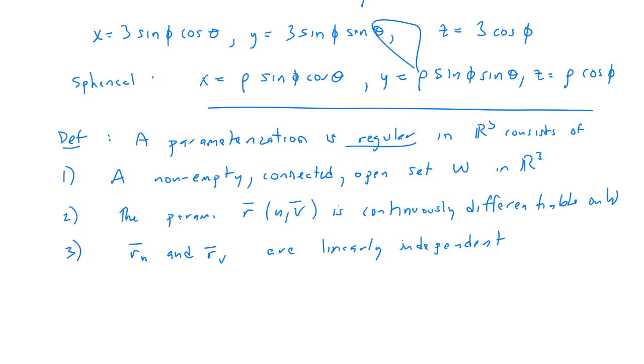If you've done linear algebra, you know what that means, but let me put it here. There are 3 ways to check for this part. One is that the only way you can get a linear combination to be 0 is if both the constants in front of them are 0, or in 2 dimensions the same thing.